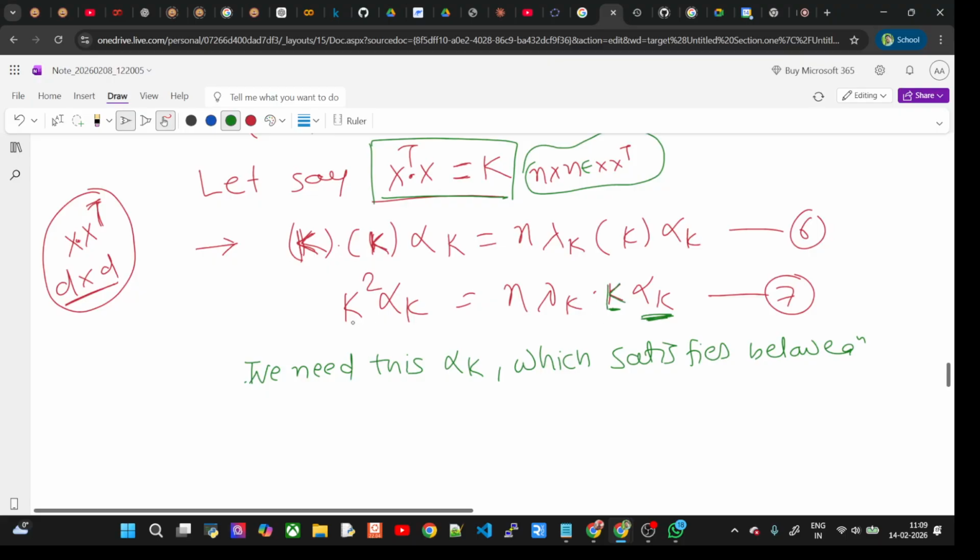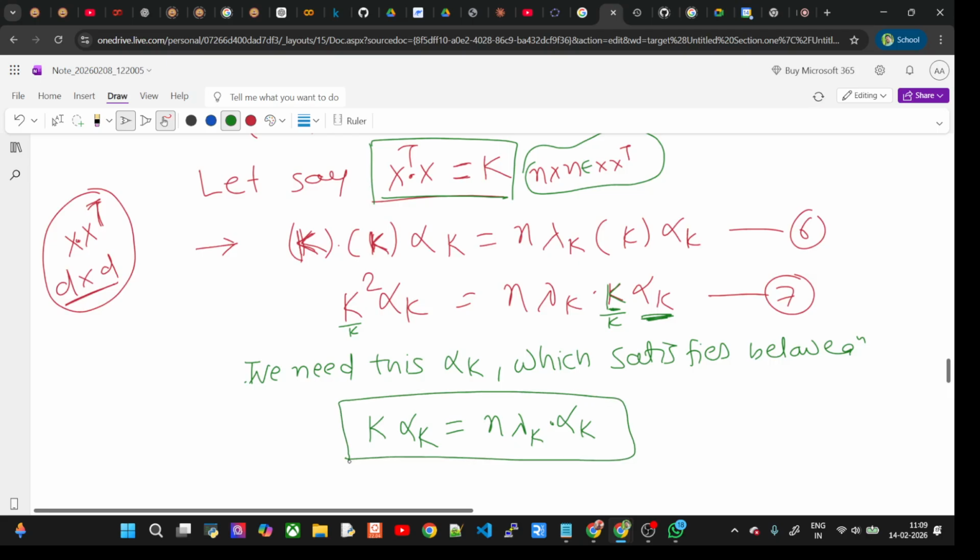So I divide by this k, and I get the next equation as k into alpha k equal to n lambda k into alpha k. Okay, this is the equation we got.